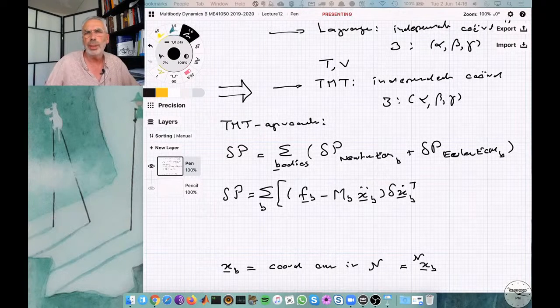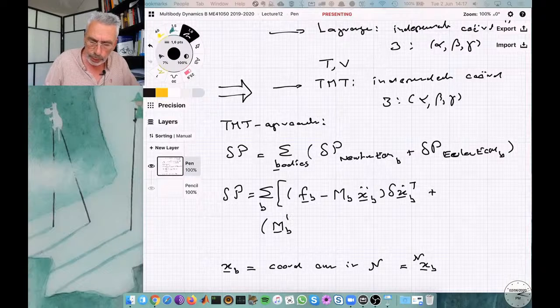But I dropped the n, I don't want to do too much writing. Okay, so that is defined, applied forces, inertia forces. And then of course we need the Euler part of all these things. That's a bit more lengthy, because what do we get for the Euler parts? Well, first of all, we have applied torques, and I'm going to write it down in the body fixed frame. Therefore I use this accent.